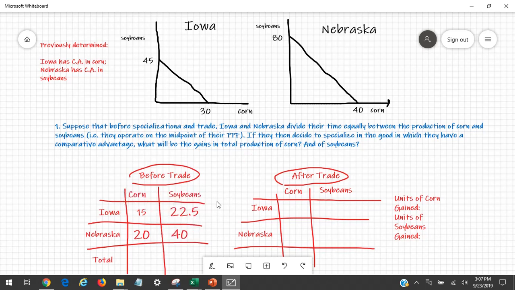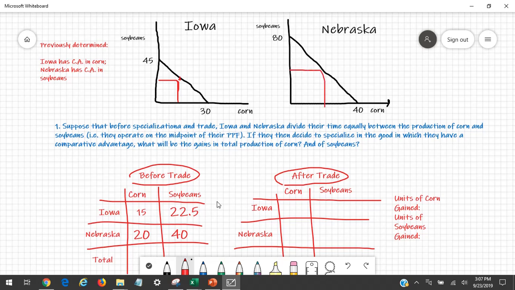I can show you real quick graphically what we're doing. For Iowa, we're basically figuring out this point right here. Sorry, it's not a very good drawing. Then same for Nebraska, we're just figuring out that midpoint of the PPF. So that's why we're dividing by 2 for each side.